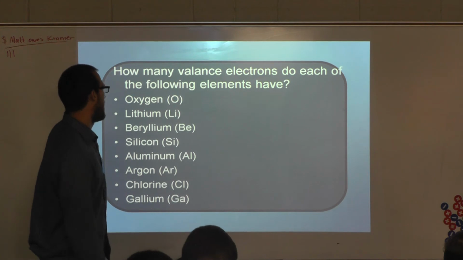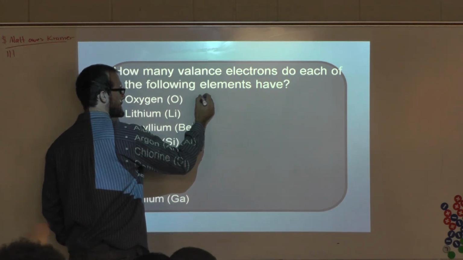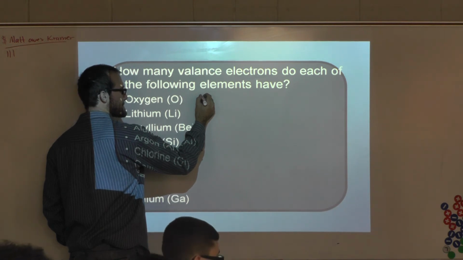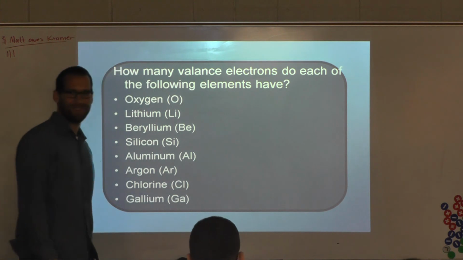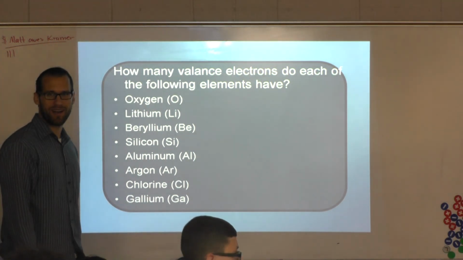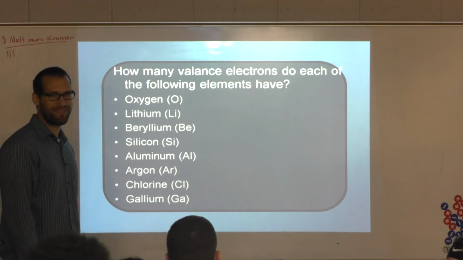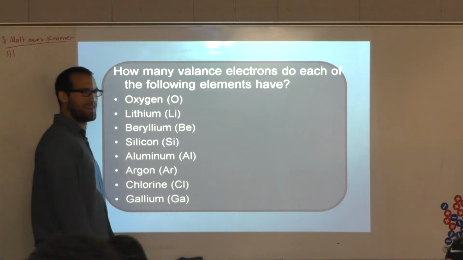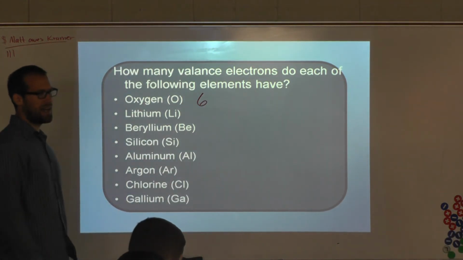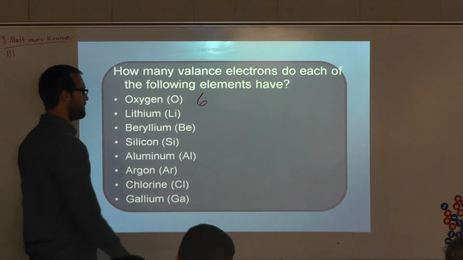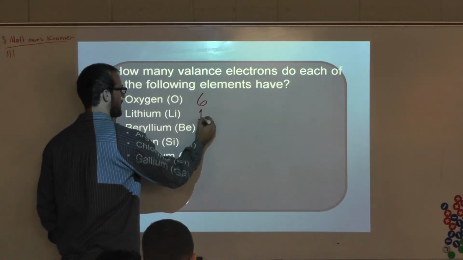Mari, oxygen. How many valence electrons? 6. Okay, yeah. Ethan, lithium: 1.